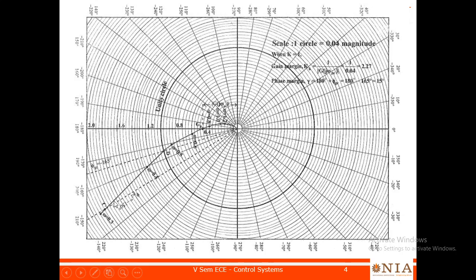The curve cuts the minus 150 degree line at this point. You have to note down the magnitude corresponding to this point. The magnitude at this point is 2.04.